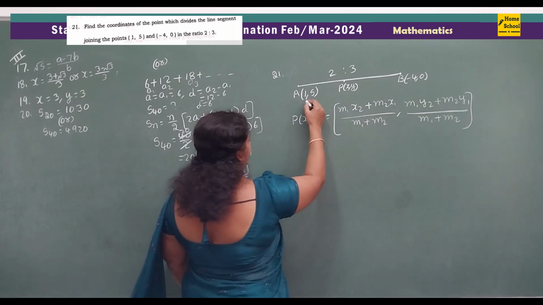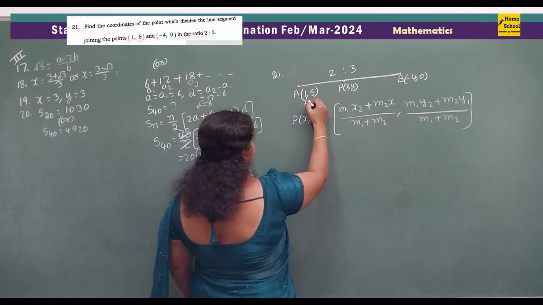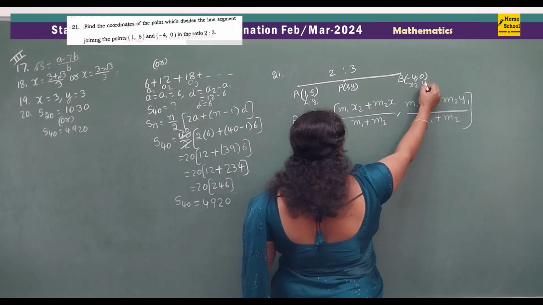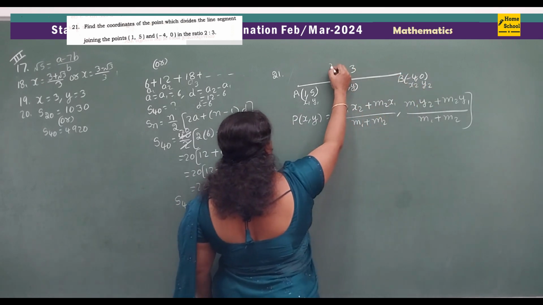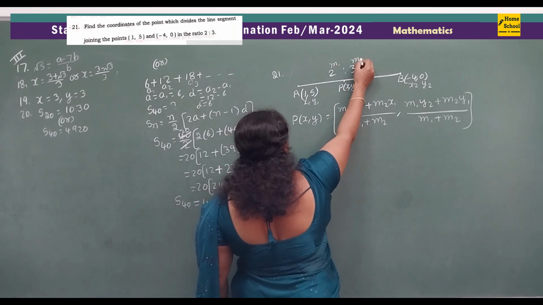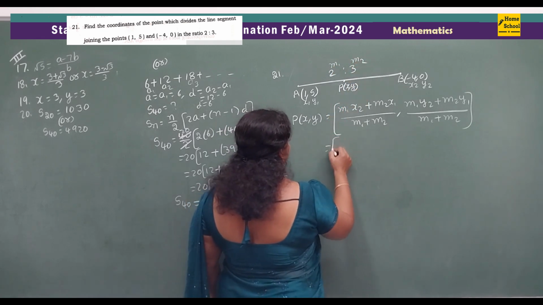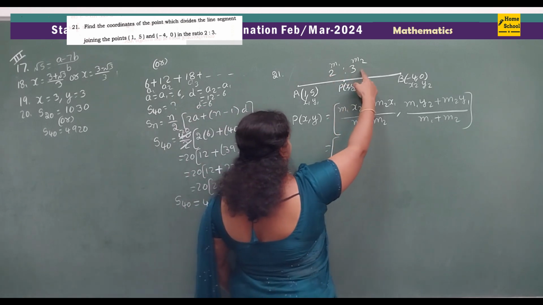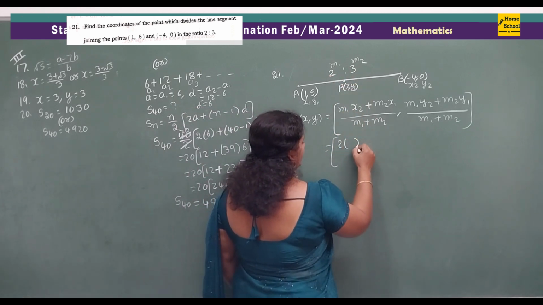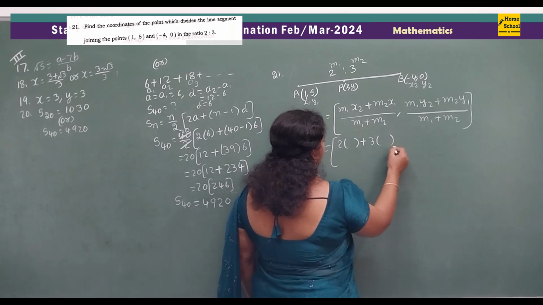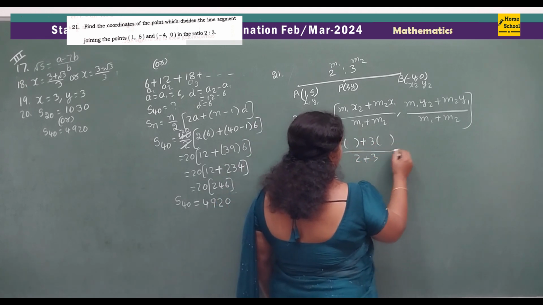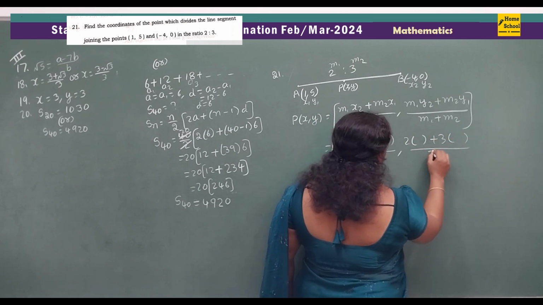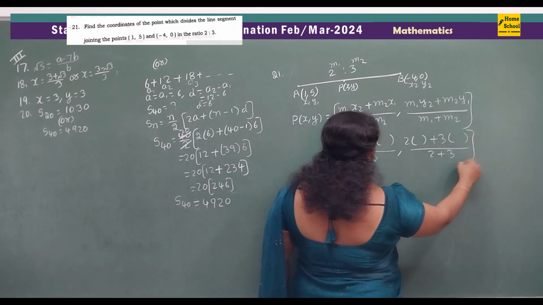For this coordinate, write the values x1, y1 and this is x2, y2, ratio m1 is to m2. Substitute now. While you are substituting, an easy technique: first write the m1, m2 values. 2 into, plus 3 into, by 2 plus 3, 2 into, plus 3 into, by 2 plus 3.